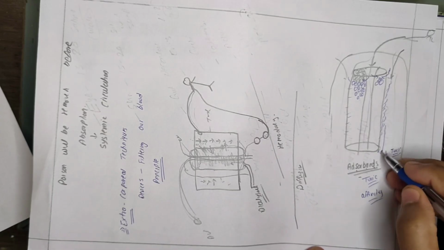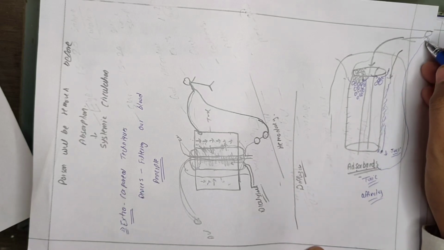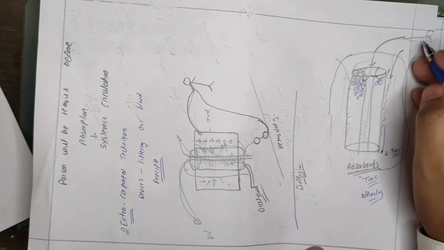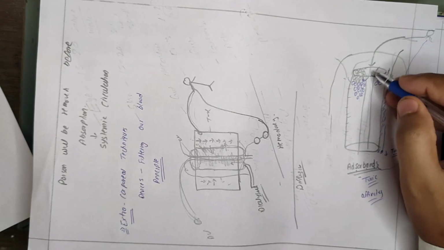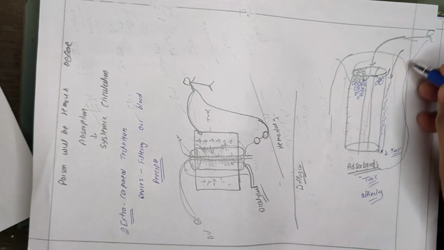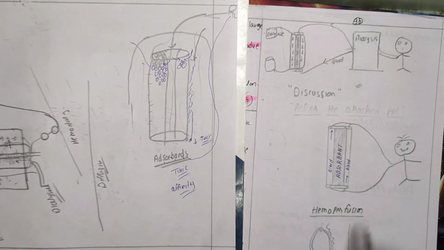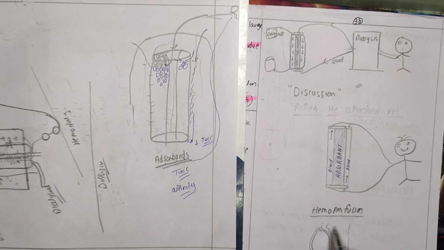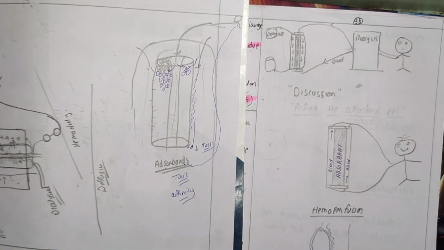Now this blood, which has very little toxin, will return back to the human body, so that over hours in a continuous process, the toxins will be readily adsorbed into the cartridge and the purified blood will be returned to the human. Hope you have understood this concept also. This concept is known as hemoperfusion.